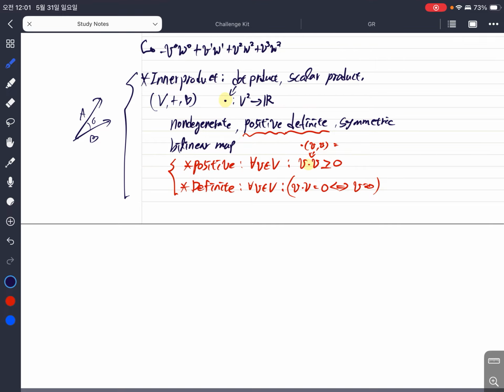And this is called an inner product. Now I will extend it to a more general case, but I think it's too long, so I stop here.